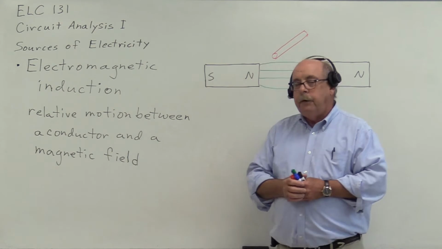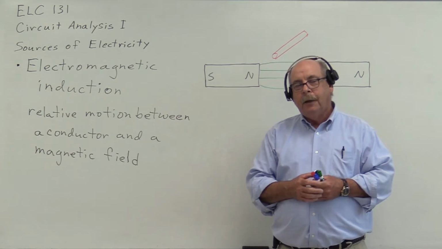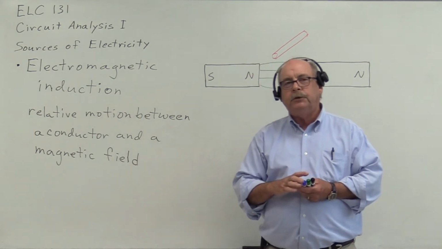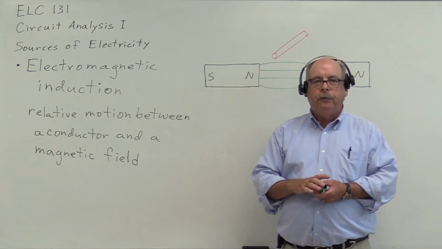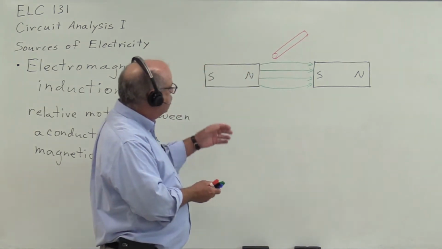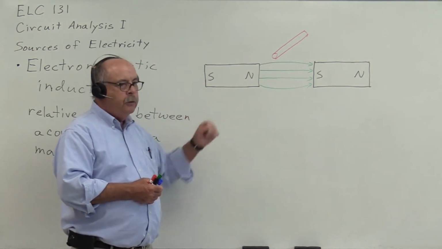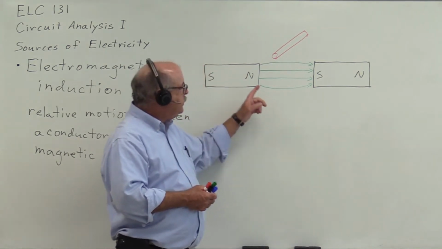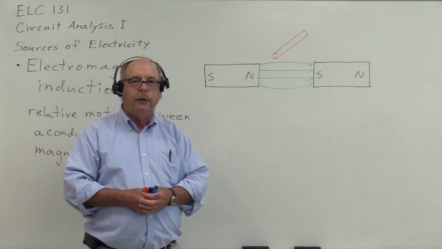Another way of generating electricity is through electromagnetic induction. This is where we generate electricity through relative motion between a current carrying conductor and magnetic lines of force, or a magnetic field. If we look at the sketch on the board, we've got a permanent magnet here with the poles south to north and another permanent magnet with the poles south to north. Existing between these magnets will be magnetic lines of force.